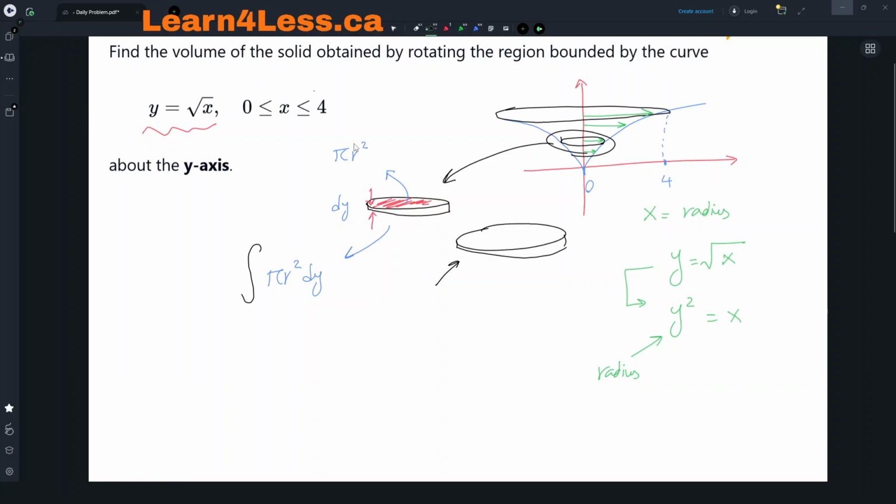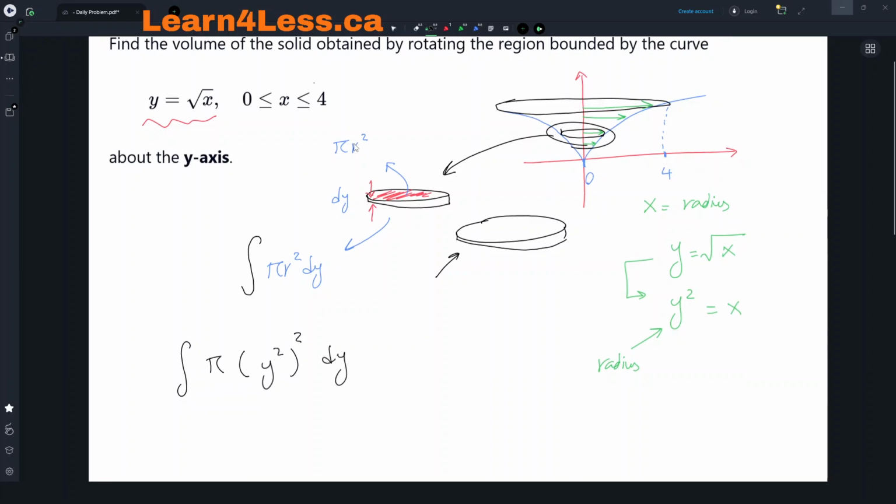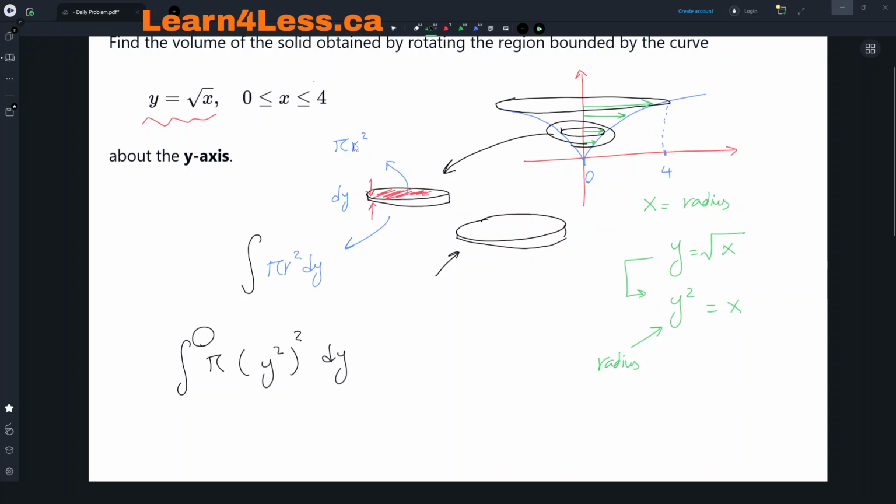Now we can take that integral easily. We have the integral of pi r squared, where the radius is y squared, and dy. But this should be a definite integral with a lower bound and an upper bound, and these are not 0 and 4.